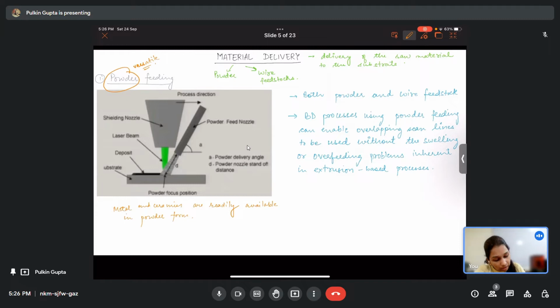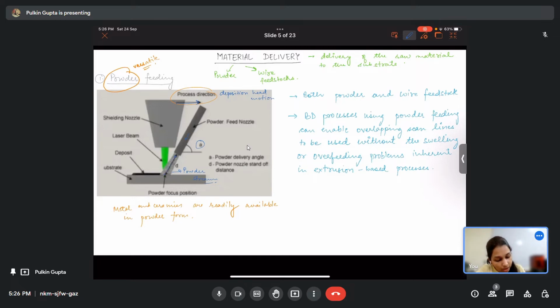Okay, so we have seen this is your process direction, or the direction in which your deposition head is moving. Now this is your powder feed nozzle, and here this is your powder stream, which is inclined at an angle A and is at a distance of D from the substrate.